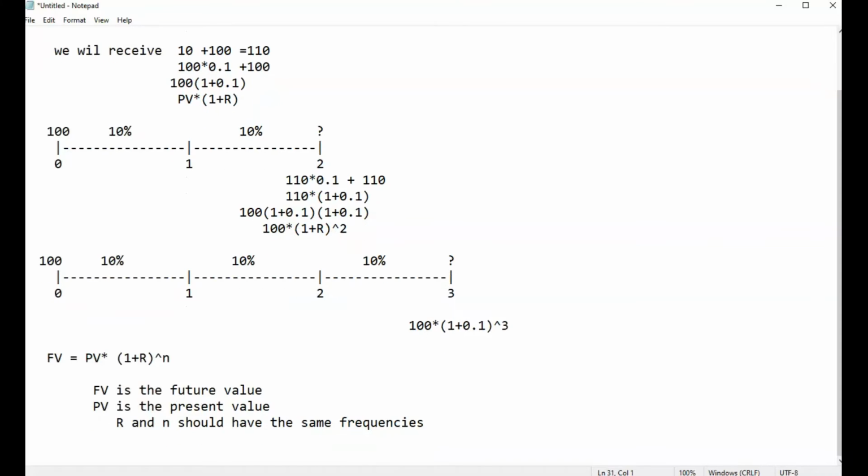For example, if the period is monthly, then the interest rate should be monthly. If the period is daily, then the interest rate should be daily. Later I'm going to show you it should be the effective period rate. So this is our final result: the future value of a given present value is present value times (1 plus R) raised to the power of n.